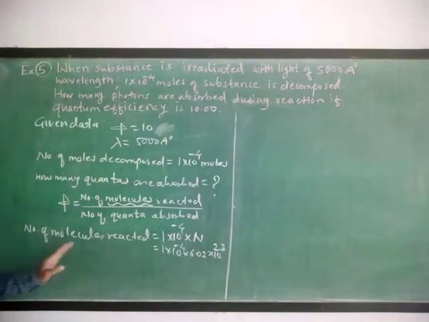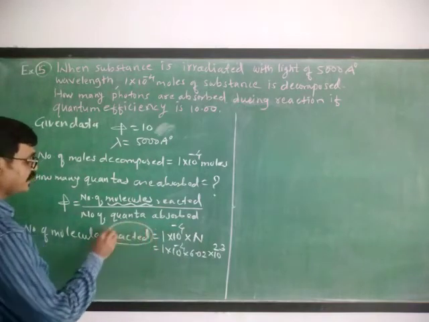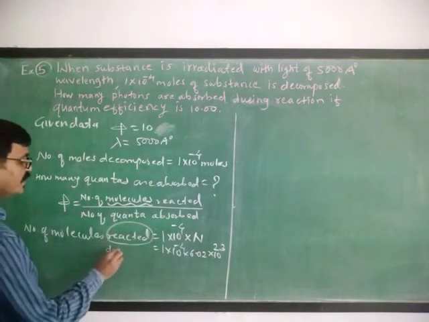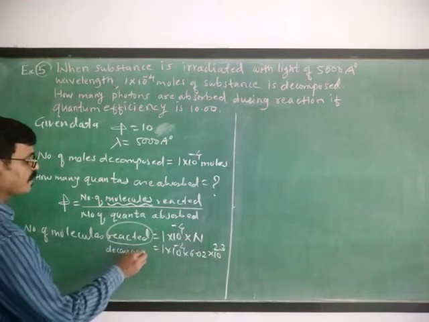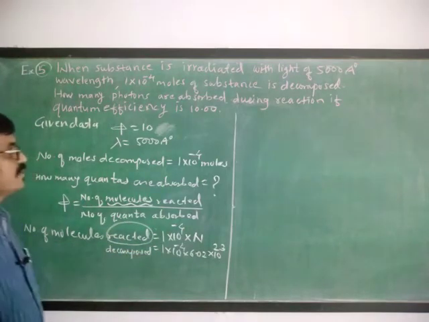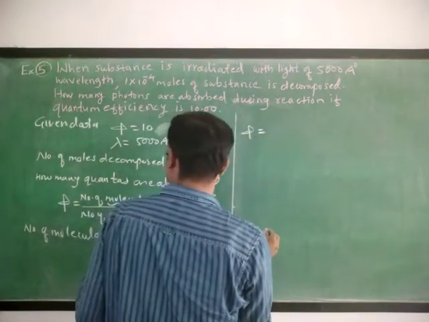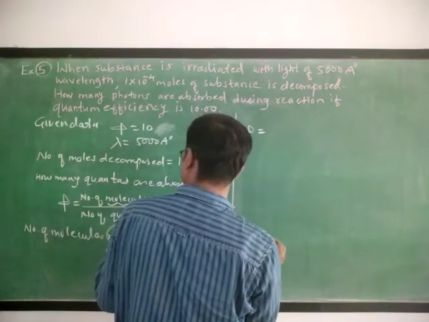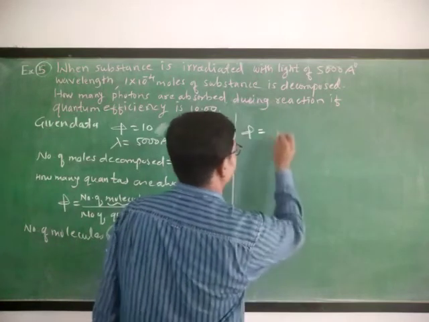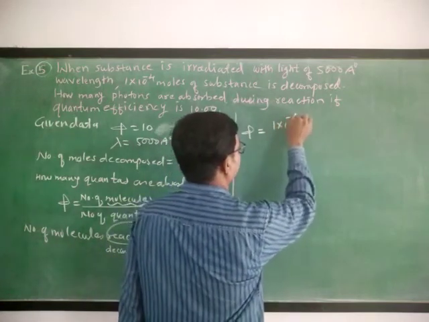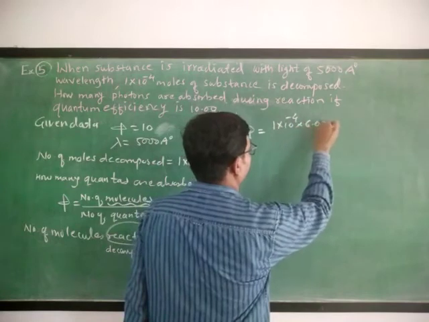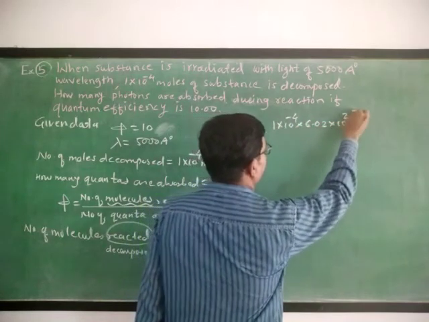Now number of molecules reacted from this number of moles decomposed, or one can say instead of reacted, number of molecules decomposed, one and the same thing. Decomposed means reacted here. Now phi is equal to the number of molecules reacted, which will be 1 into 10 raised to power minus 4 into 6.023 into 10 raised to power 23.